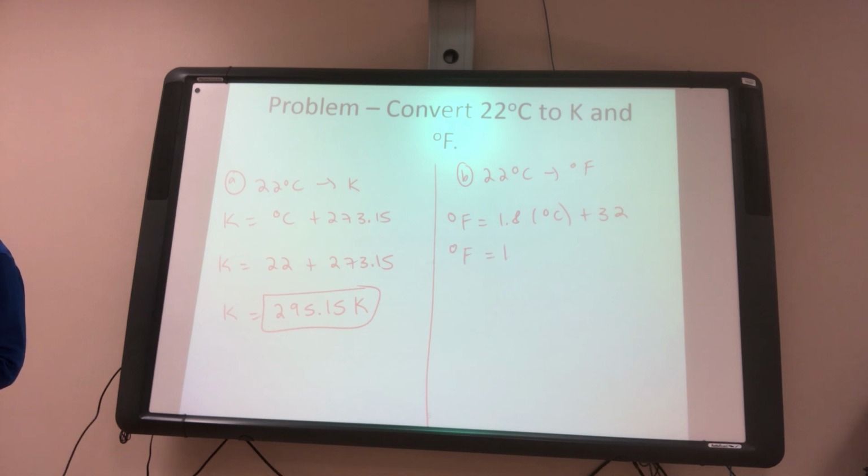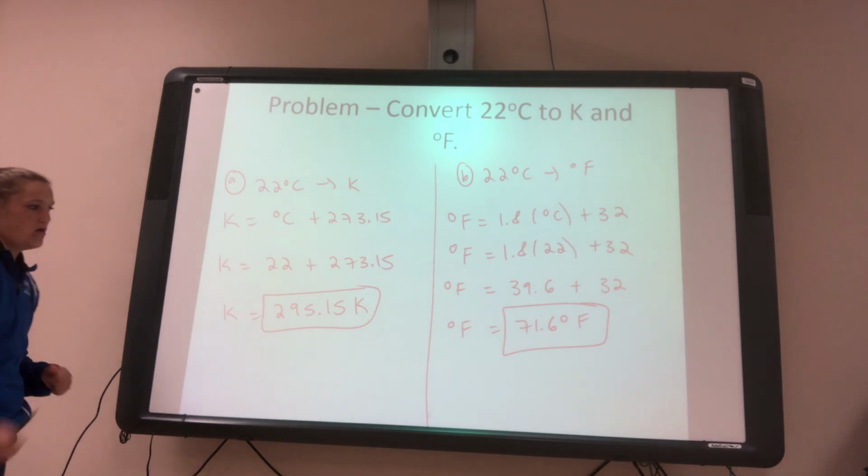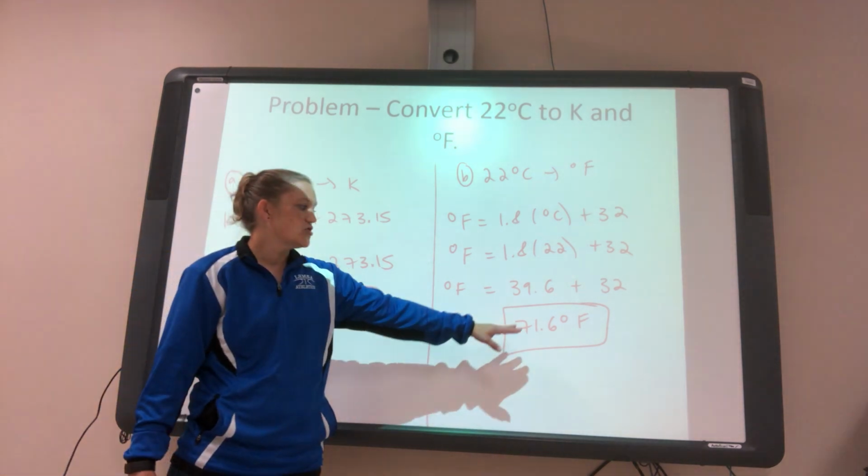Plug in my degrees Celsius. If you want to break it down and do the multiplication first, 1.8 times 22 is 39.6. And then when I add that together, I get 71.6 degrees Fahrenheit. So here we use the degree symbol. Okay? So 71.6 degrees Fahrenheit.